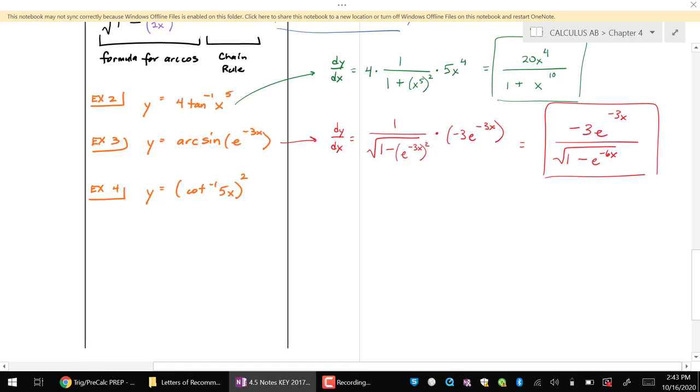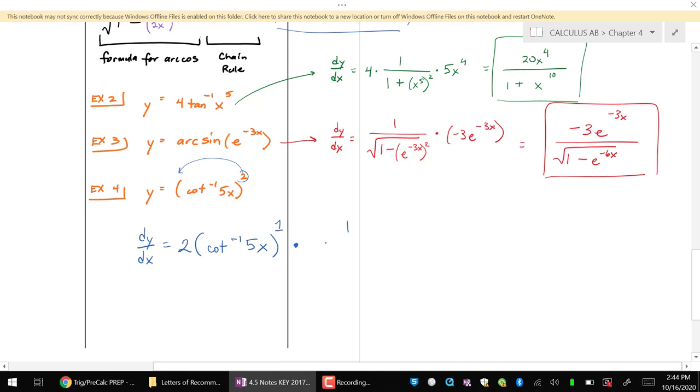So find the derivative of inverse cotangent of 5x, but the whole thing is squared. That little power of 2 is on the outside. So we're going to actually do a power rule first. So we'll call that dy dx will be equal to 2 times the inverse cotangent of 5x, drop the degree by 1, multiply by the derivative of the inside. So now I get to my cotangent, or inverse cotangent.